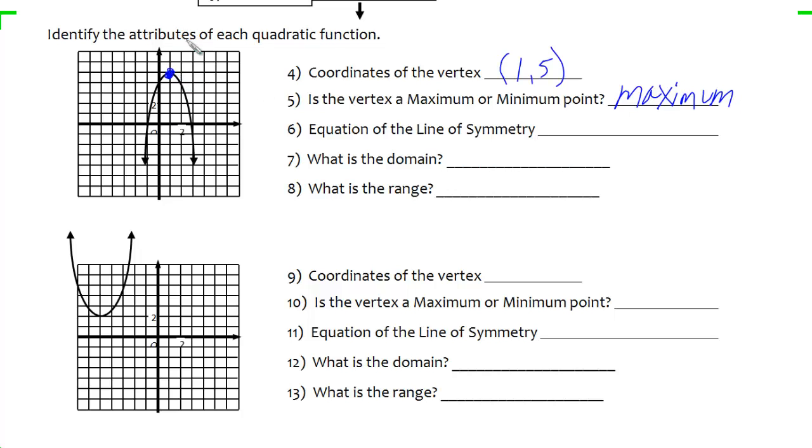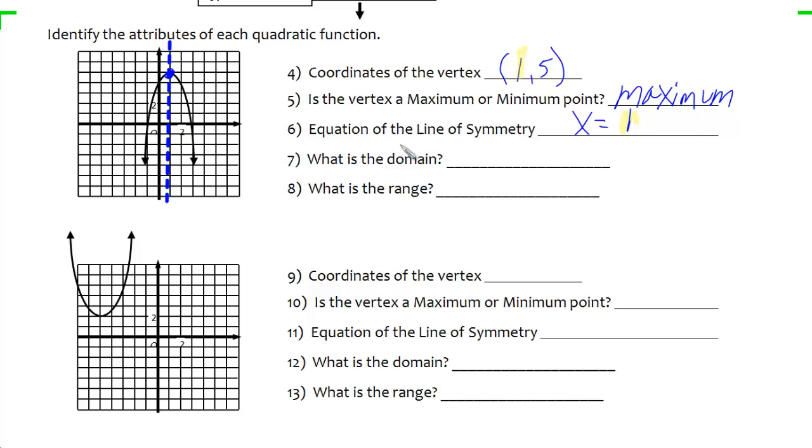There's no values of my function above that point. And then the equation for the axis of symmetry, that vertical line right through the vertex, actually has a relationship with that vertex. It is x equals 1. It goes through the vertex, so it's that same x value of 1.